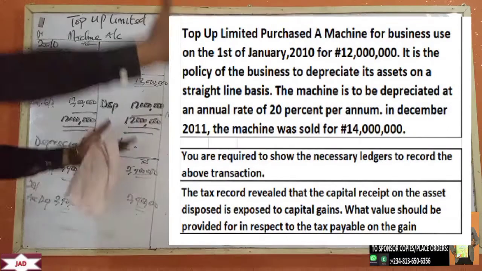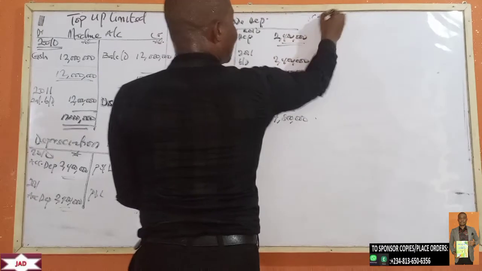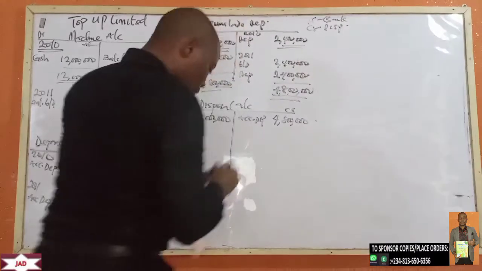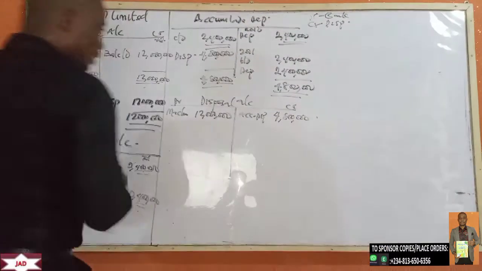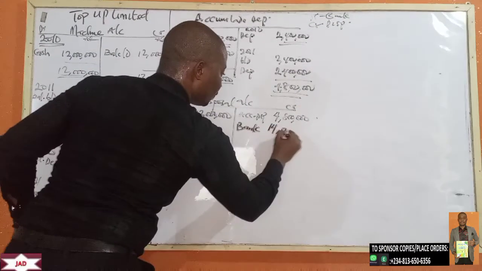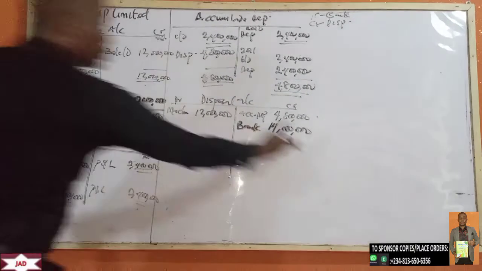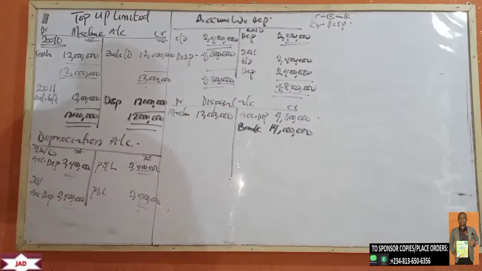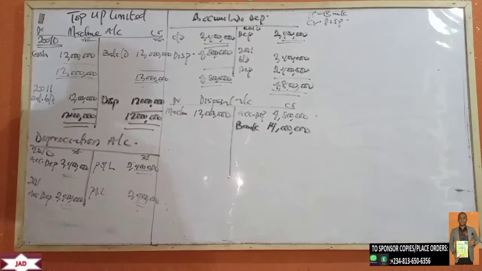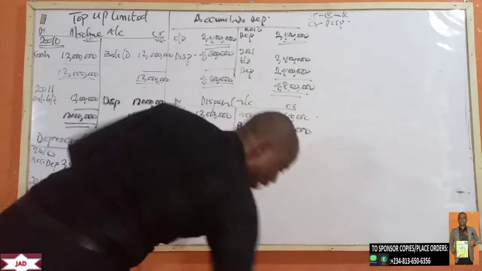So if you sell, that's like the proceeds. You debit your bank or your cash and credit your disposal. Right? So here we say bank or cash, it's 14 million. So the difference will tell us there's a profit on disposal or a loss on disposal. From what I'm seeing, I can see a profit on disposal.